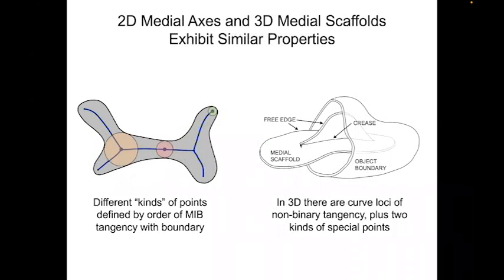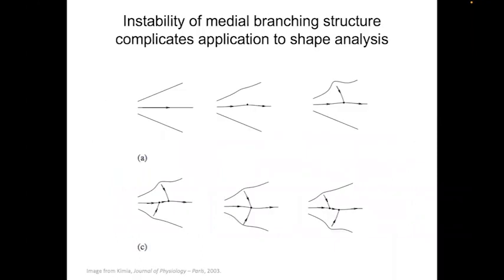And another thing that you have also heard about already in this course is this problem that people frequently bring up when you talk about using skeletons or medial representations, that the skeleton is unstable. If you make a small perturbation to the boundary of an object, then you can create branches in the skeleton. And even though there are many pruning algorithms that people have proposed for getting rid of what you call spurious branches, it's very hard to do this with any kind of robust guarantees.